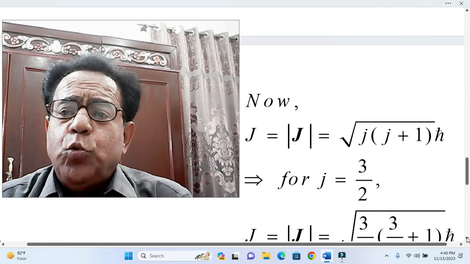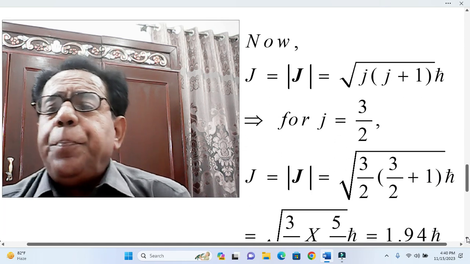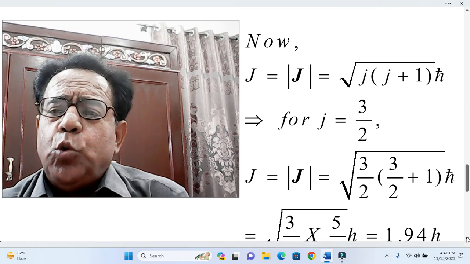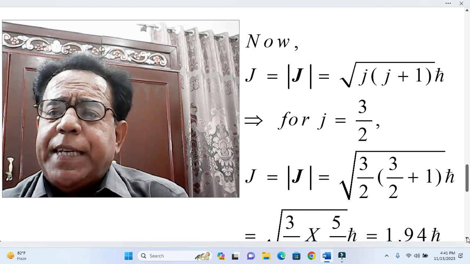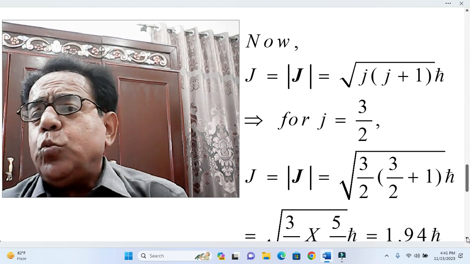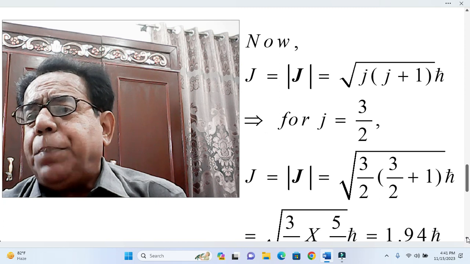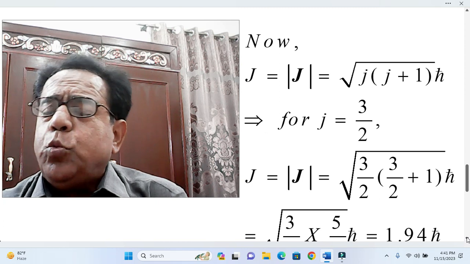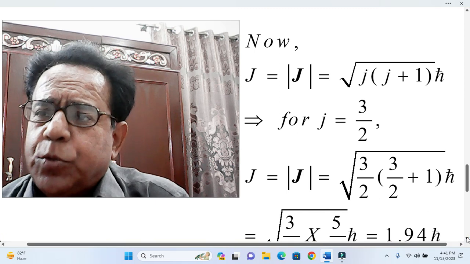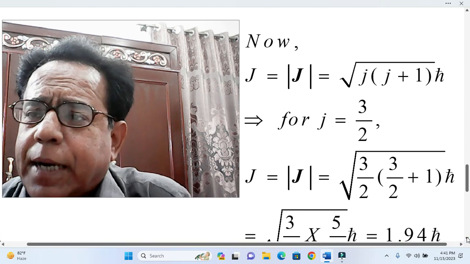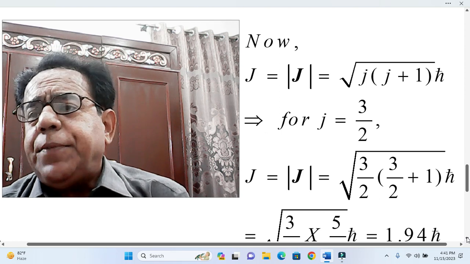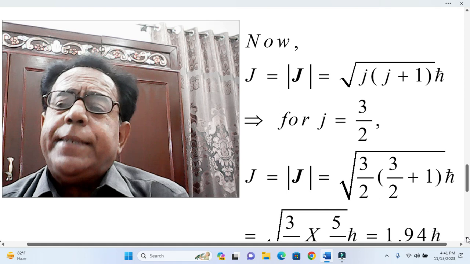Now we move forward. Now capital J, or the magnitude, absolute value or modulus value of the j vector, that is j bold, becomes equal to root of small j into small j plus 1, times h cut, or h bar, or h reduced, where h cut is Planck's constant divided by 2 pi.